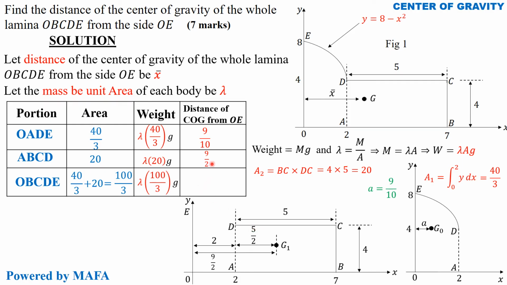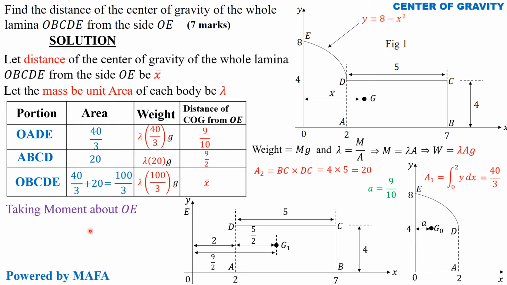So we can fill that into our table. Lastly, the distance of the center of gravity of OBCDE, the whole lamina, from the side OE was represented as x bar at the beginning of the equation.